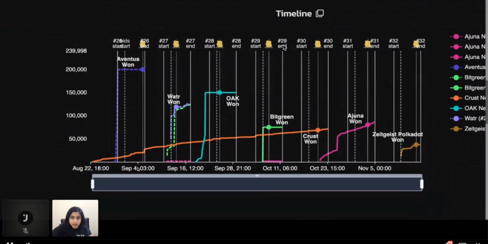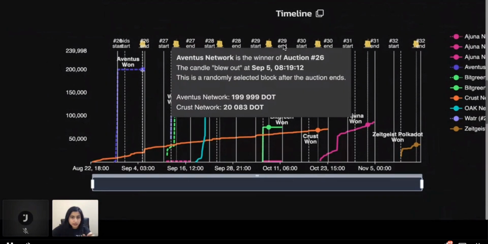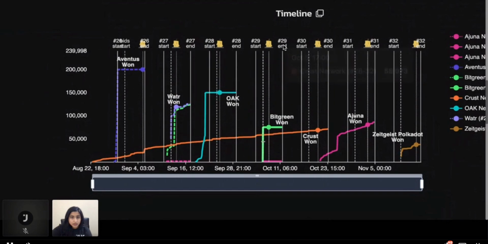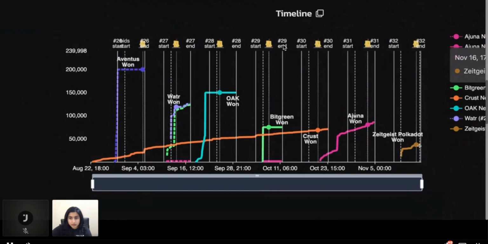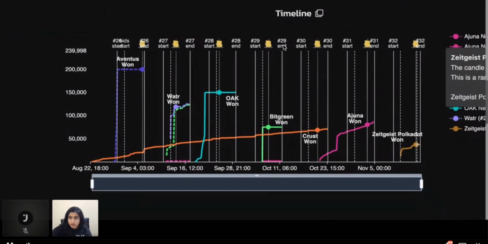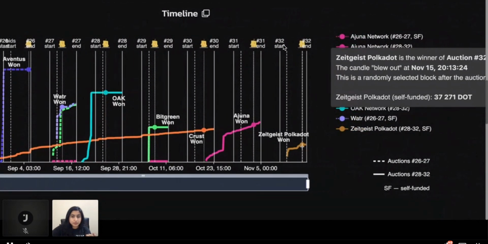As we can see, there is a difference between the prices that each project paid. For example, this project here paid around 200,000 DOT. There are more projects, this one paid around 150,000 DOT. And there is this last project that I think paid much less, which is around 37,000 DOT.